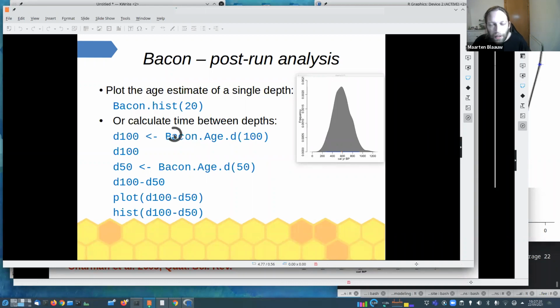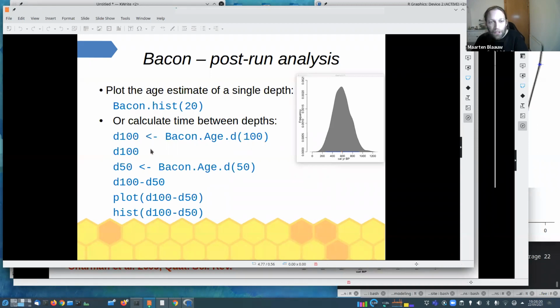You can also ask for all the iterations and give me the age of all those iterations for 100 centimeters depth. That's another command, Bacon.Age.d(100) for 100 centimeters depth, for example. You can put that in a variable, and then you can play around with it.